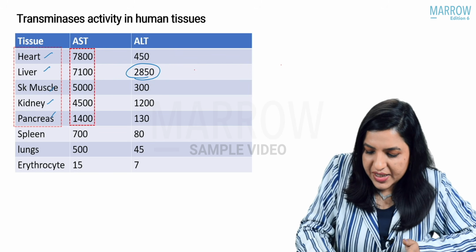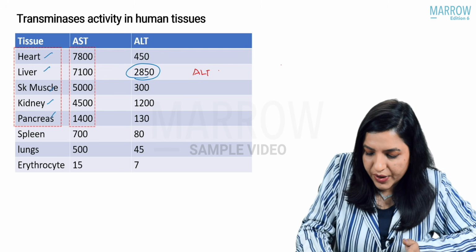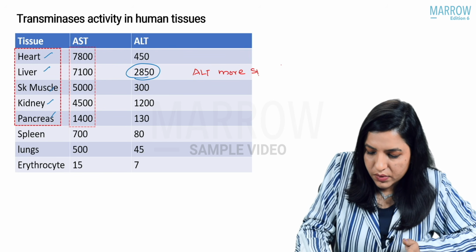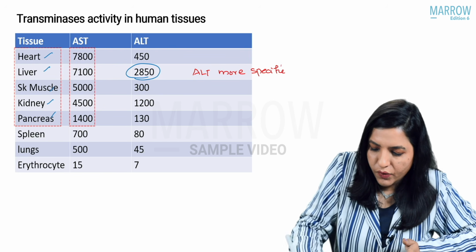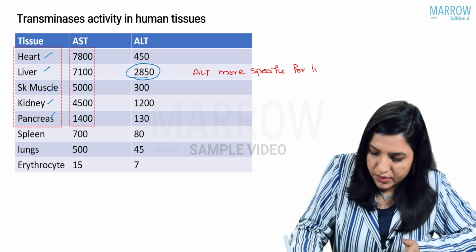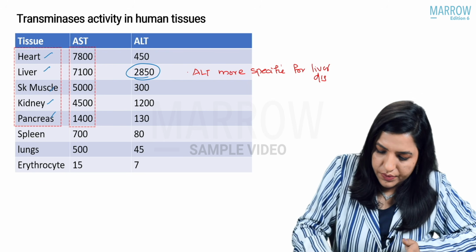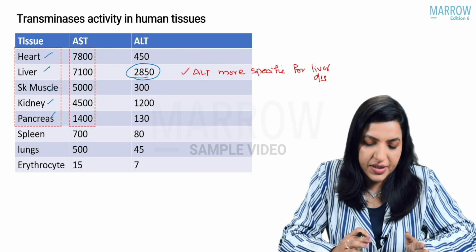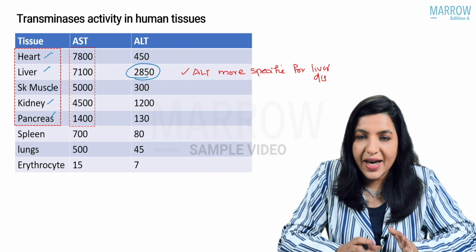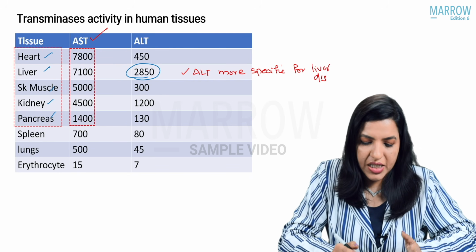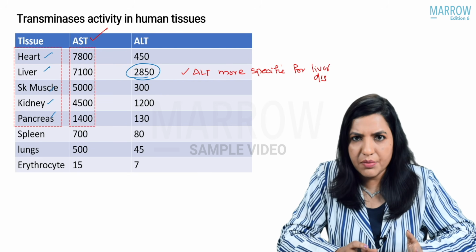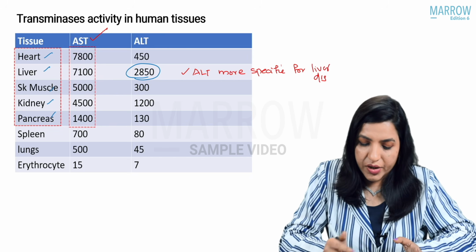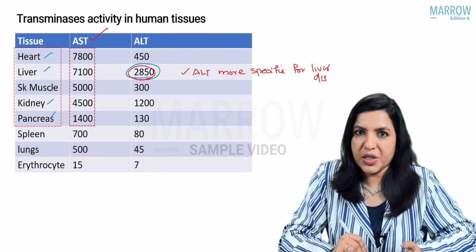So that is why we say ALT is more specific for liver disease. If you look at the overall activity of these transaminases, the activity of AST is more than ALT, but still, if you consider the liver, ALT is more specific.